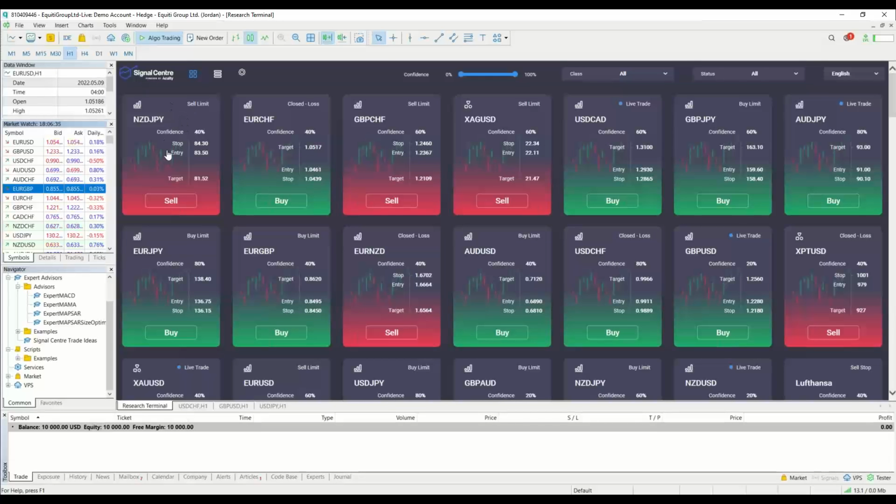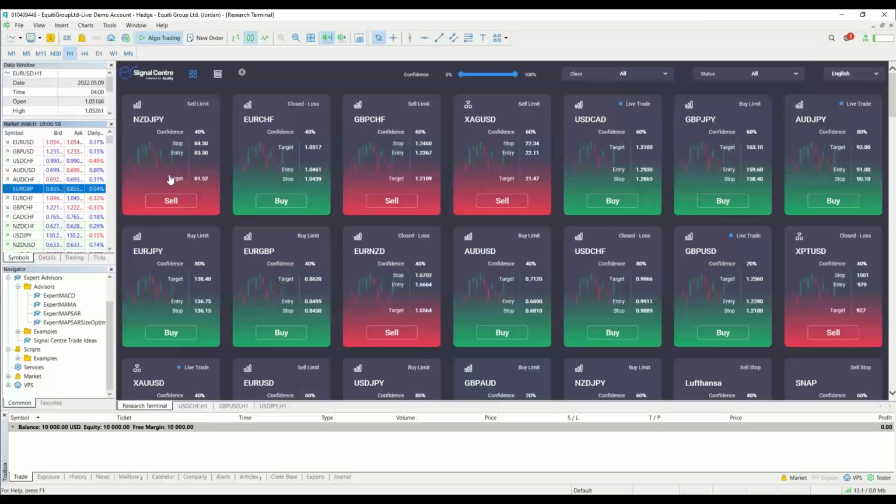For each of these tiles, if we just go through this opportunity here, this is New Zealand dollar, Japanese yen. We can see that it's a sell limit. By the red on the tile, we can see that it's also got a bearish bias today. We've got the confidence score here, which today is at 40%. I'll go through more information on the confidence score very shortly.